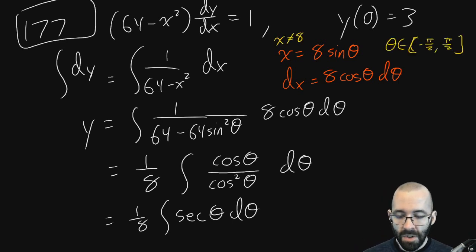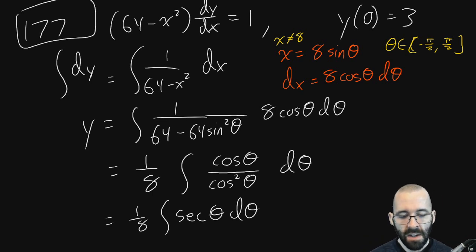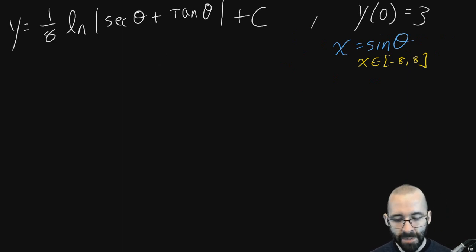All right, so this integral is possible to do without a trig sub, but it uses inverse hyperbolic tangent, which we're not covering, since we're not covering the hyperbolic functions in this class. So that's how you do the general integral. We can do the integral if x is between -8 and 8 with a trig sub. So that's what we're going to do here.